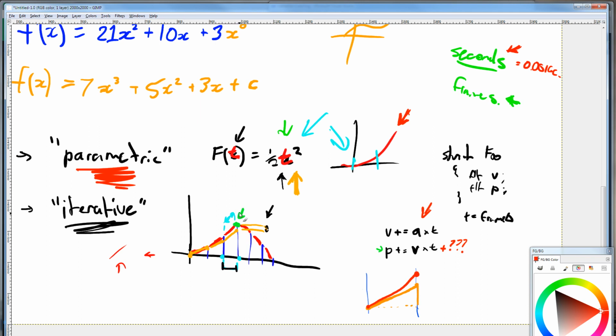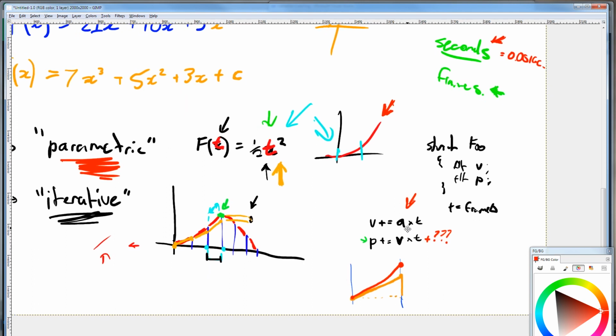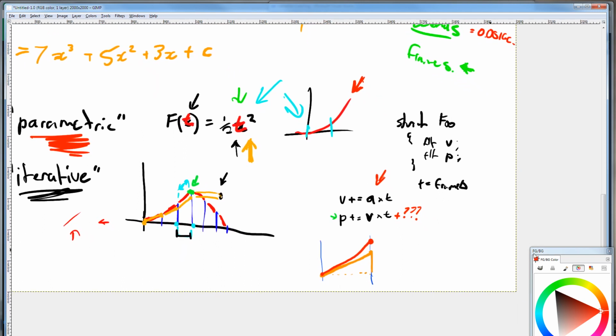So let me, I guess, I blasted through that a wee bit quickly. Let's say we have this here, or even this here. This is a lot of arrows pointing to it now. Let's say we have formulas that look like this. If we're using seconds, what's the velocity?